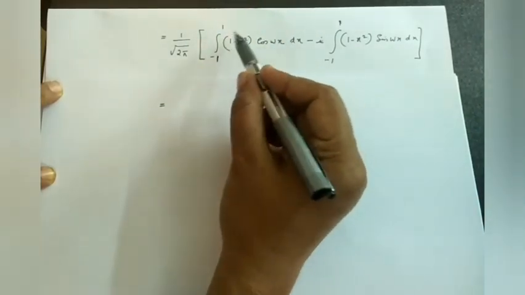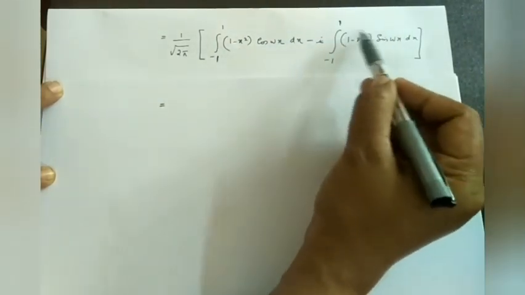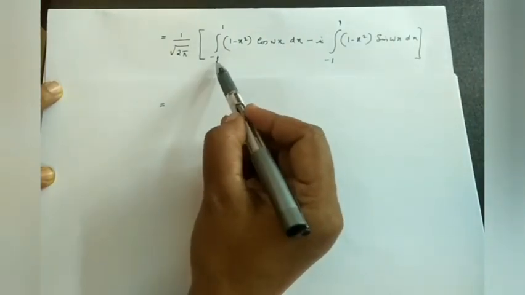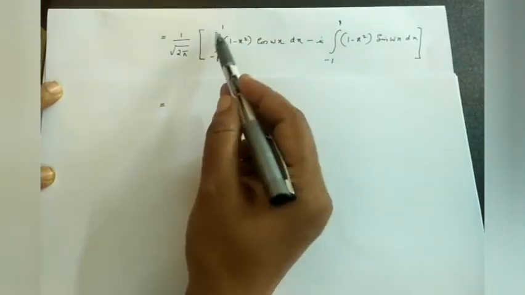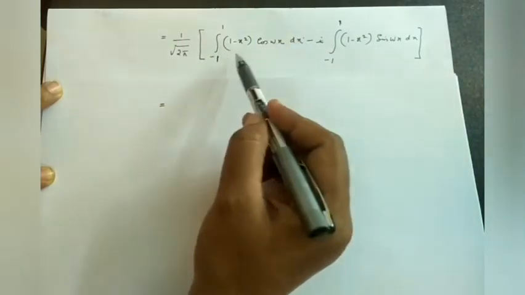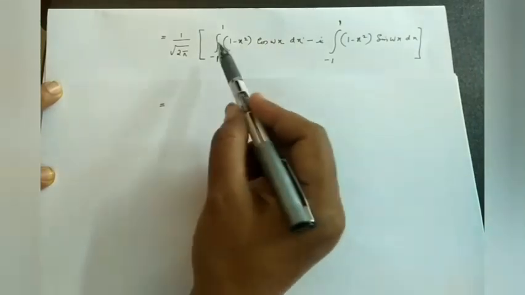Now we want to check whether this function is even or odd. Then we can simplify the limits either as 2 into 0 to 1, or we can write the value of this integral as 0, depending upon whether the function is even or odd, as we have discussed earlier.